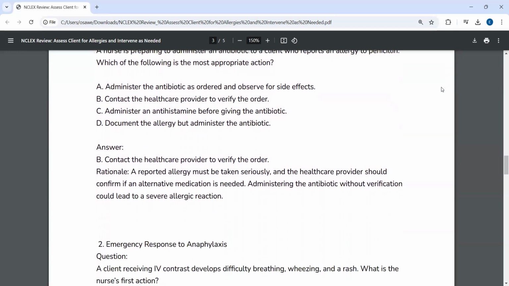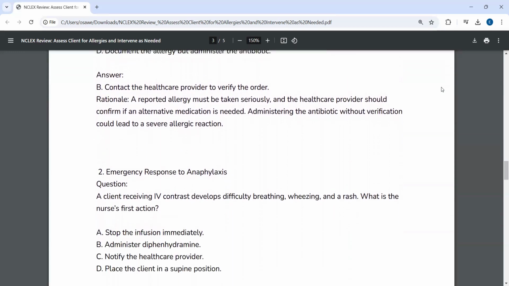Okay, guys, next question. We have a client receiving IV contrast, developing difficulty breathing, wheezing, and a rash. What is the nurse's first action? The patient is receiving IV contrast and is developing all these dangerous adverse reactions.